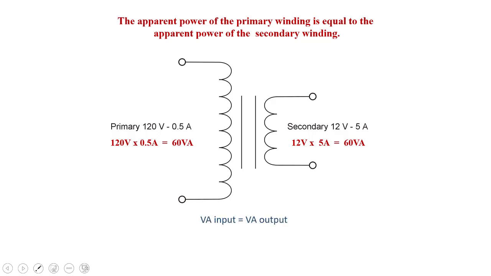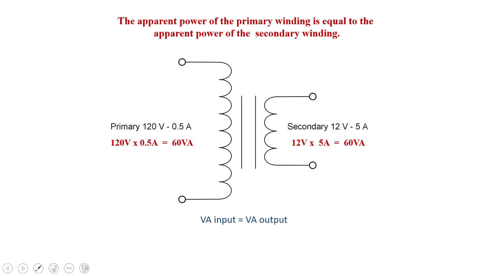So one thing to remember, the VA rating of a transformer is for both the primary and the secondary. So that means VA in is equal to VA out. When I put a transformer under load and I'm no longer looking at the rating of a transformer, whatever the output VA is must come into the transformer, so that is the input VA.